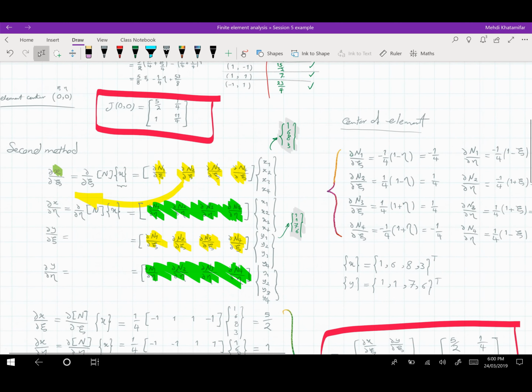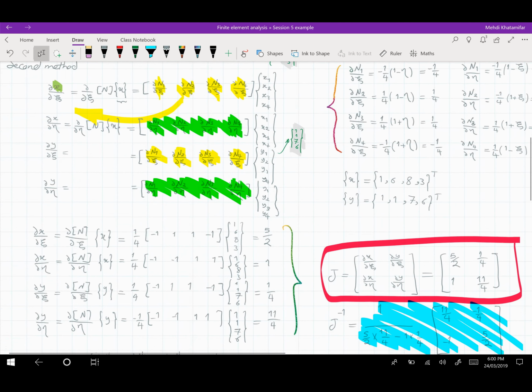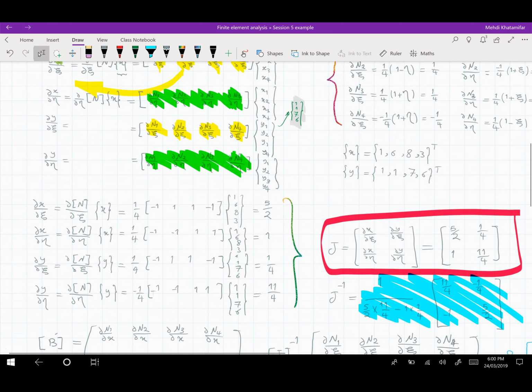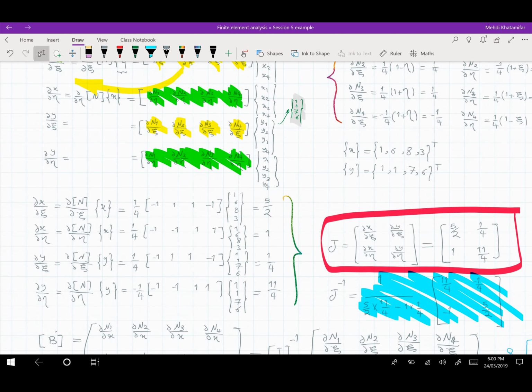Then I simply multiplied those extracted matrices by the node values for x and y, and we got the items we need to find the Jacobian matrix, which is dx over d psi, dx over d eta, and the derivative of y over psi and eta, and we found those.